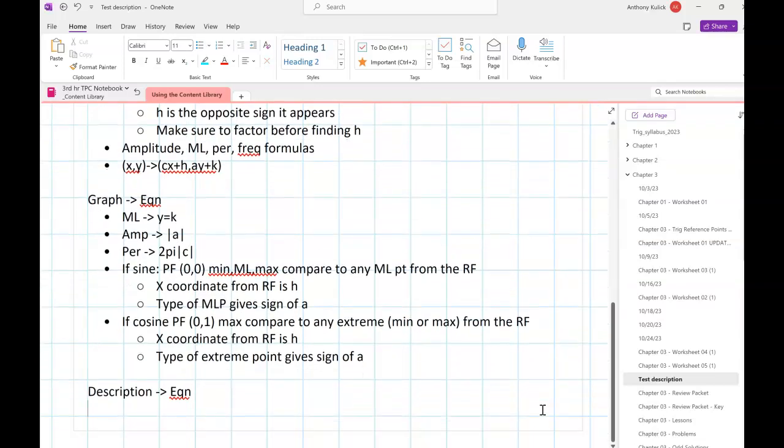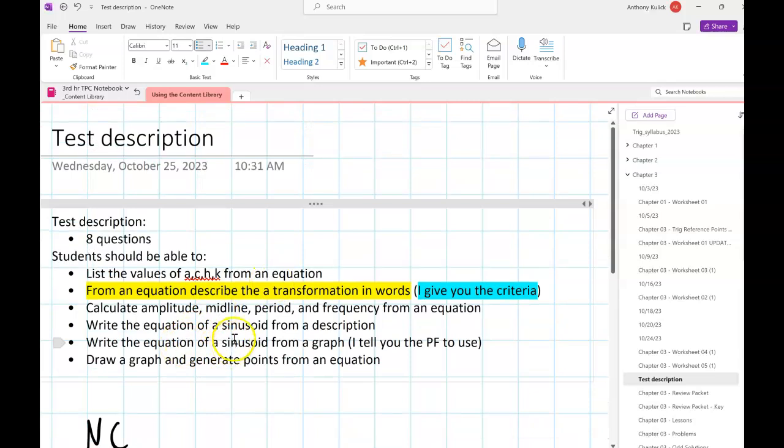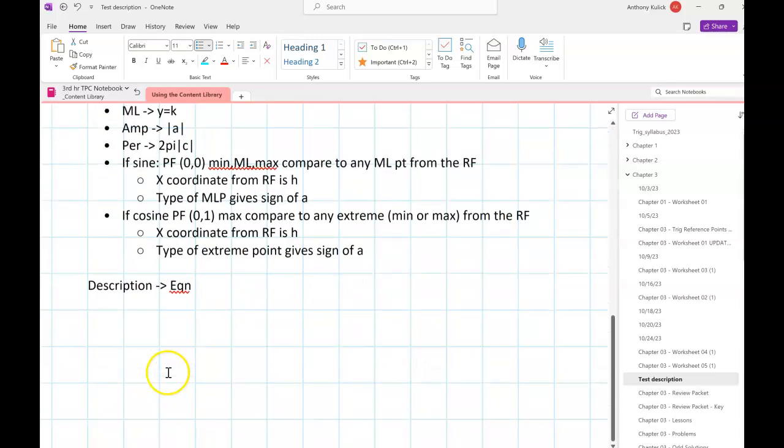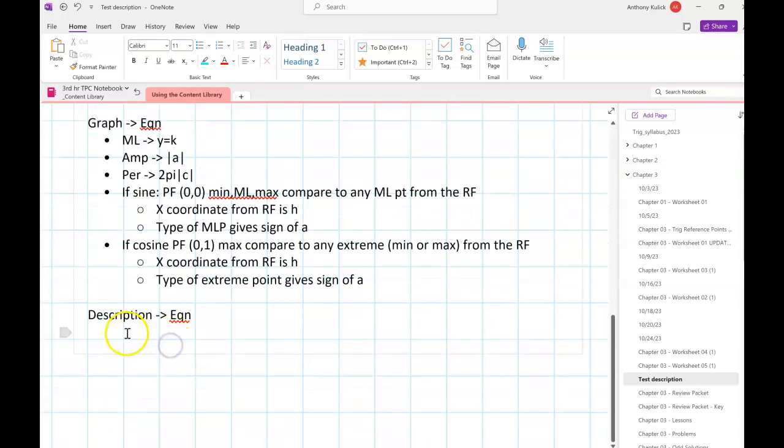Can you write down tangent? Well, I say here in the directions, equation of a sinusoid. So we won't be doing a tan one, because a tan isn't a sinusoid because it's not a wave. So no worries there.